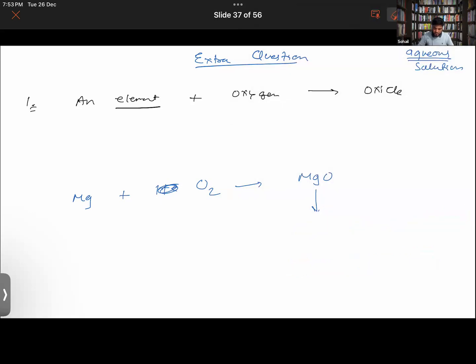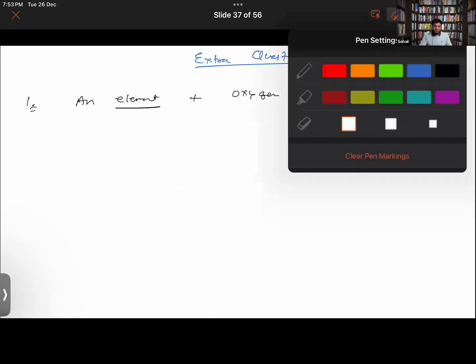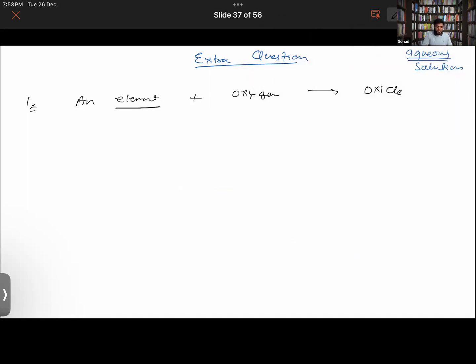So the basic question I'm asking you is that you have this oxide. Now, an aqueous solution of this oxide is turning red litmus paper into blue. Aqueous solution means solution in short form, I write it like this.